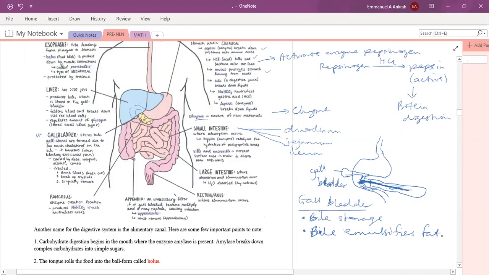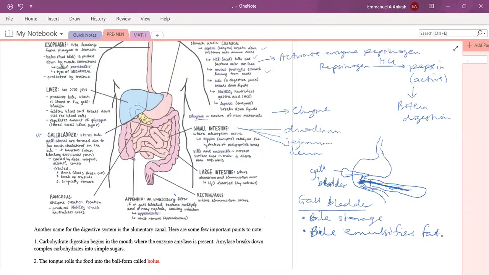Emulsify fat, think about soap and oil. Oil will not dissolve in water, right? It will not mix with water. But when you wash something that's stained with oil with soap, you see that it ends up mixing with the water. That's what happens in the body.